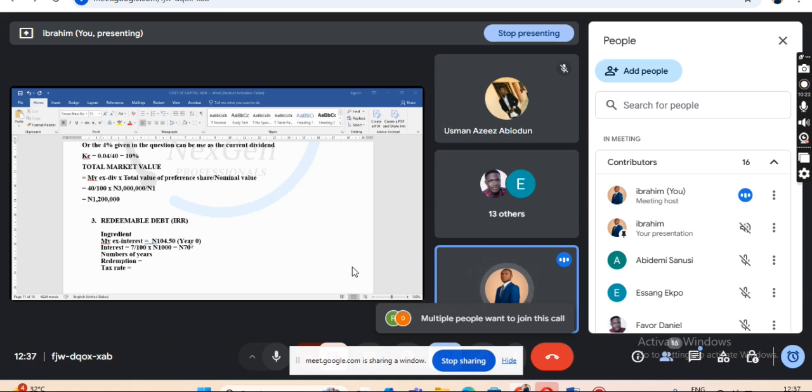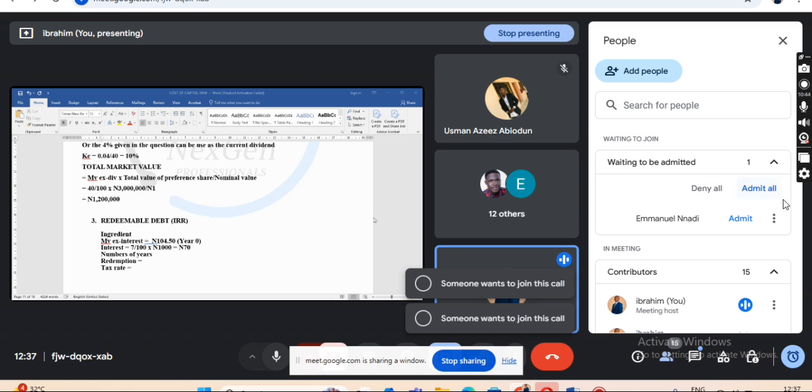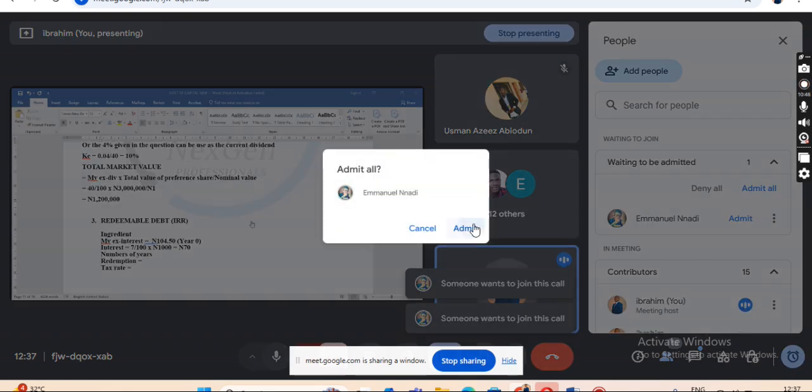You now ask yourself, how did 7% become 7 naira? It is 7 divided by 100 times the nominal. Please note, are you writing? The interest rate equals 7 over 100 times the nominal value of that particular bond. Are we together?